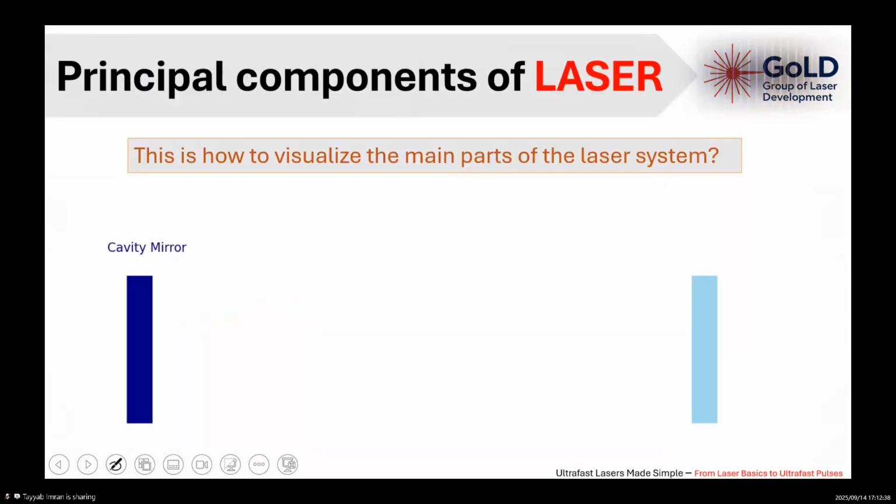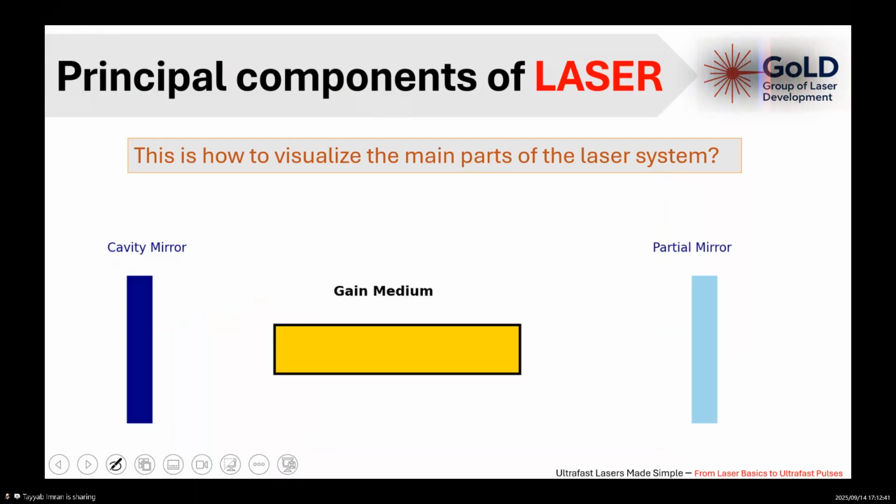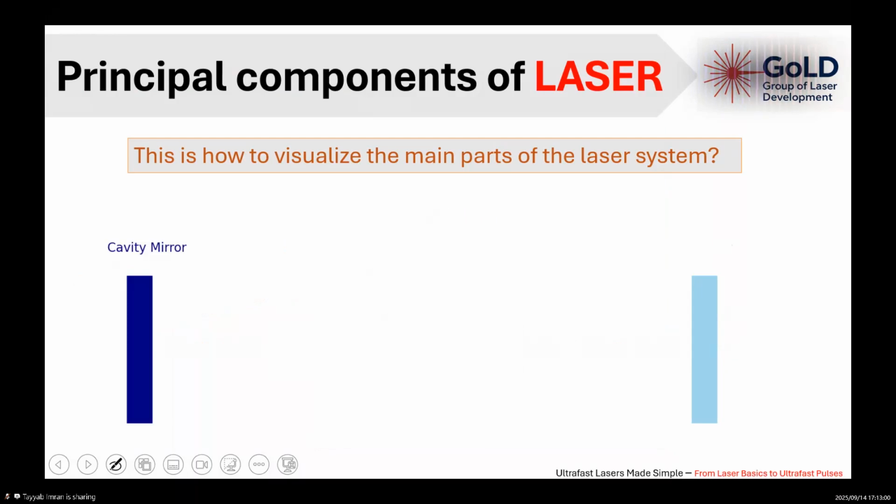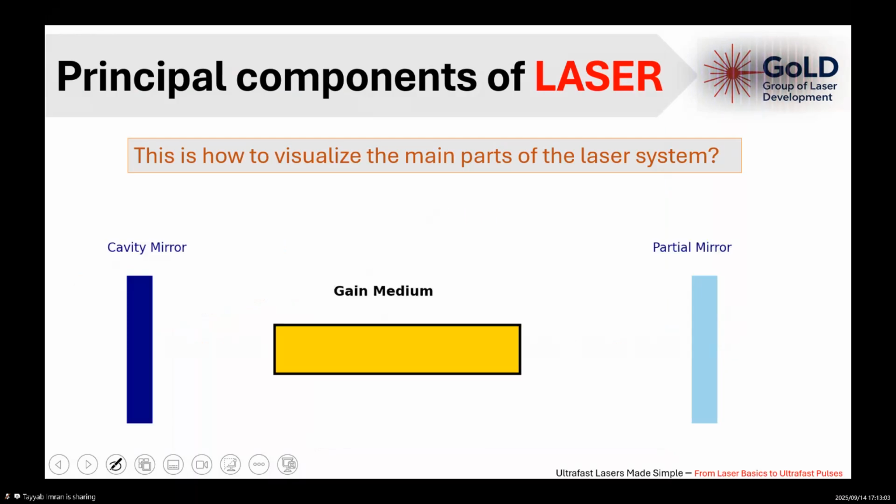This was the principal component of laser. You can see here, it should have cavity mirrors, a pump, which you can see here, the green one, and a gain medium. We know already that the photons are generated in the gain medium, and then these photons are amplified by using the cavity mirrors.